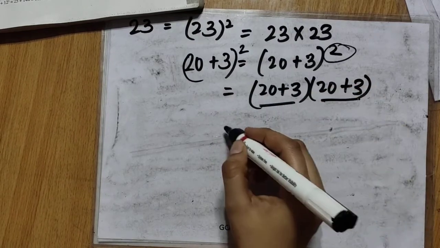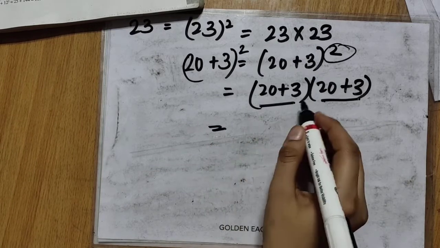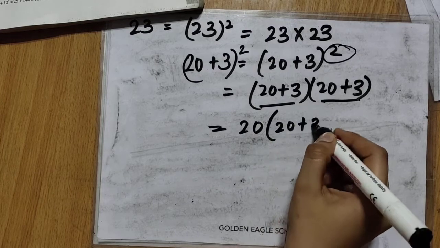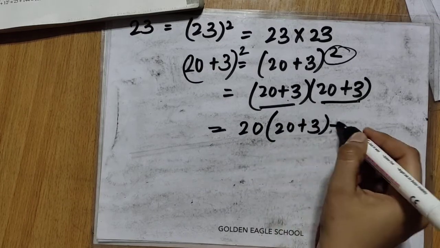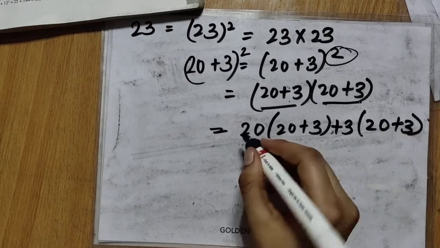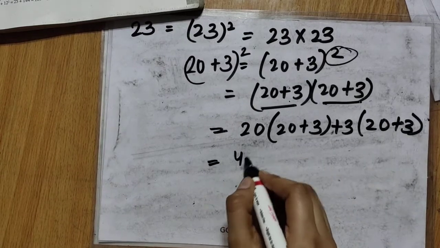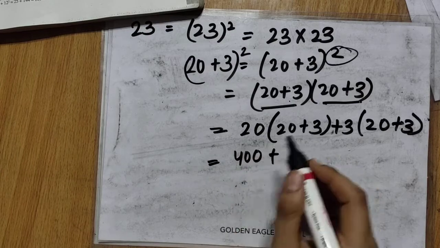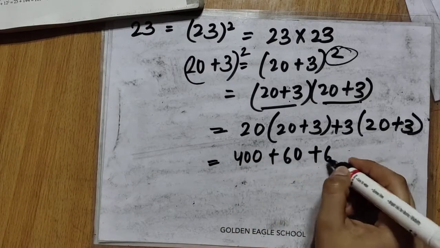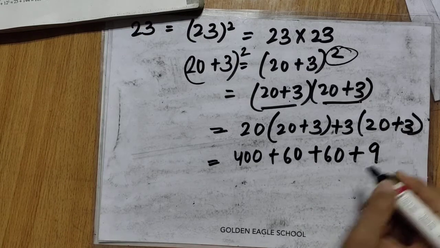Now we'll write 20 multiplied by 20 plus 3, plus 3 multiplied by 20 plus 3. This will be 400 plus 60 plus 60 plus 9.